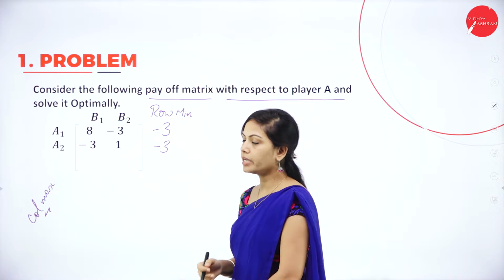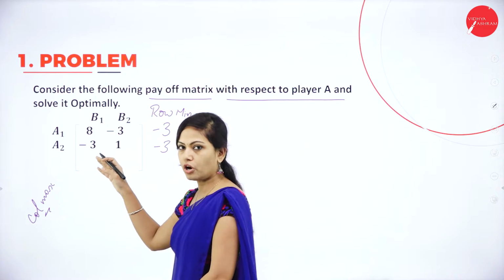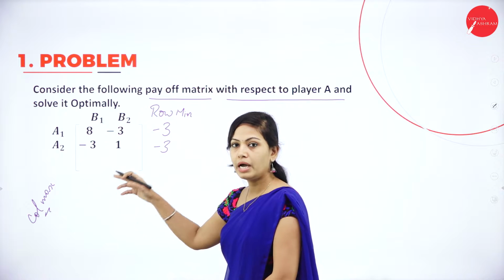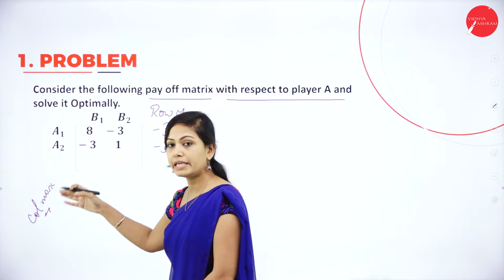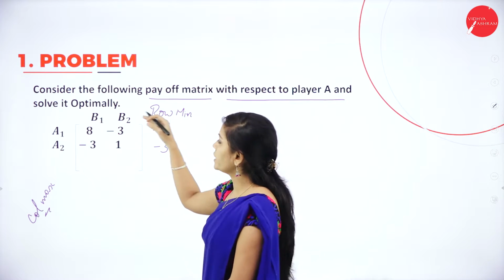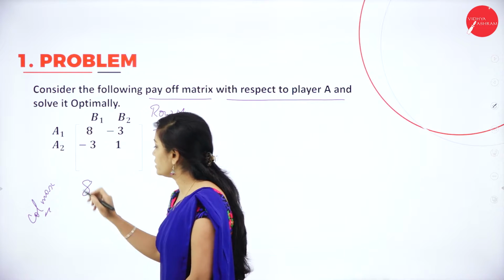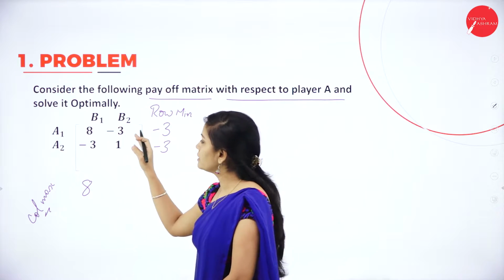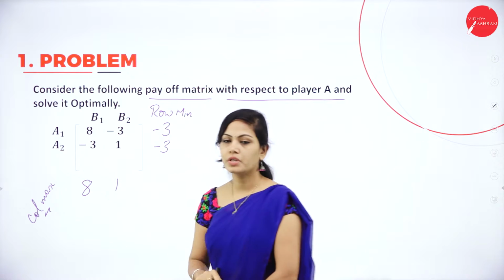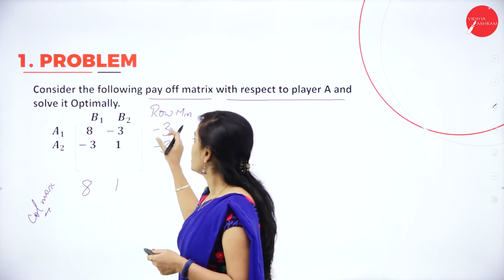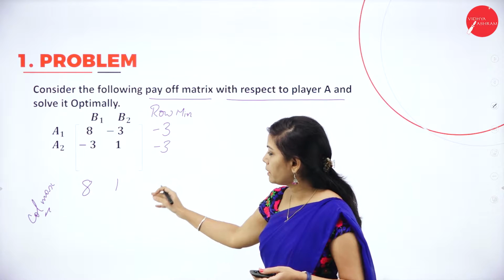Minus 3 is the least value, right? In the columns, we take the highest value in each column and the least value in each row. In the first column, the highest value is 8, and in the second column, the highest value is 1. Now you can find the maximin value and the minimax value.